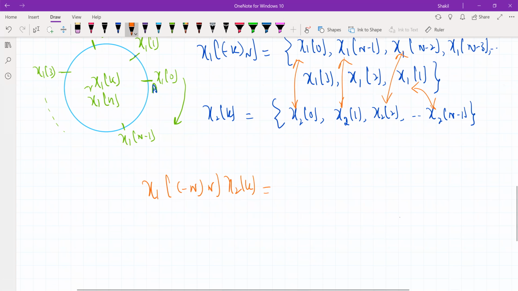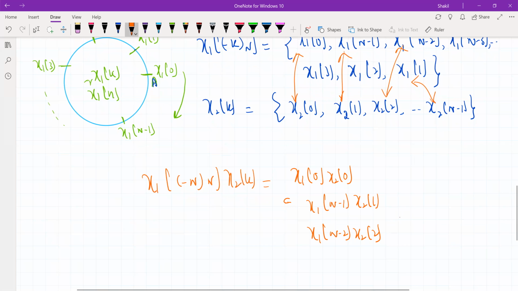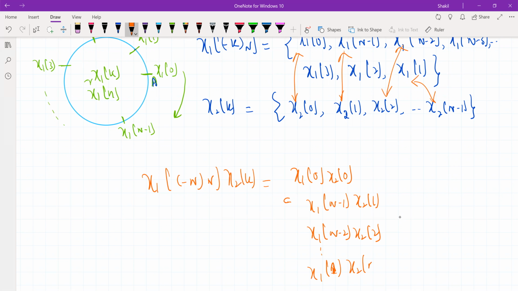So if you multiply the corresponding points, you will have x1 of 0, x2 of 0, and then x1 of n minus 1, x2 of 1, then x1 of n minus 2, x2 of 2, and then so on, x1 of 1, and x2 of n.